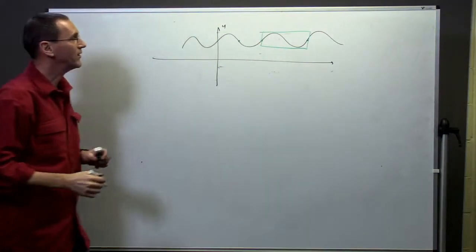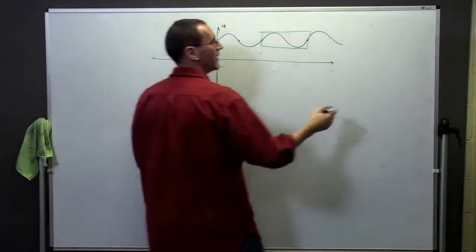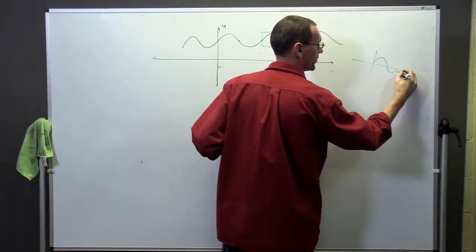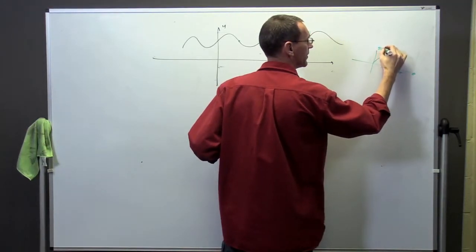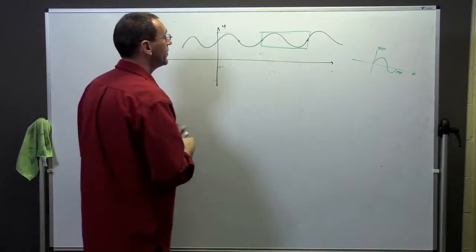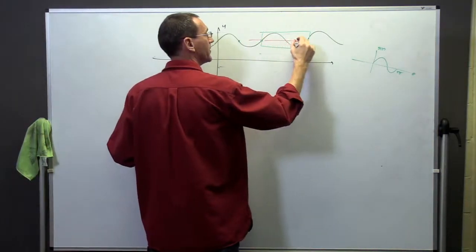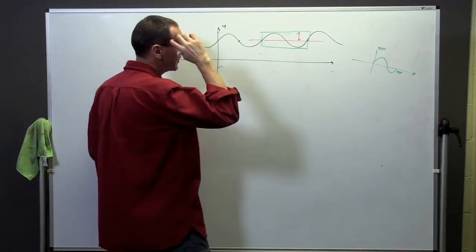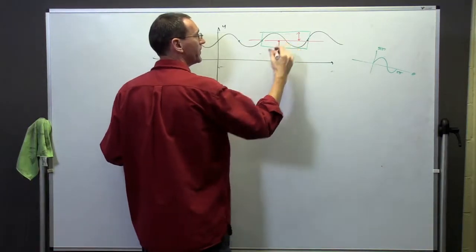So basically I'm just going to focus in on that, and when I look at my sine function, I know as I go from 0 to 2 pi, that it's going to do something like that. Now my amplitude is going to be this distance from the center to the top, and also from the center to the bottom.